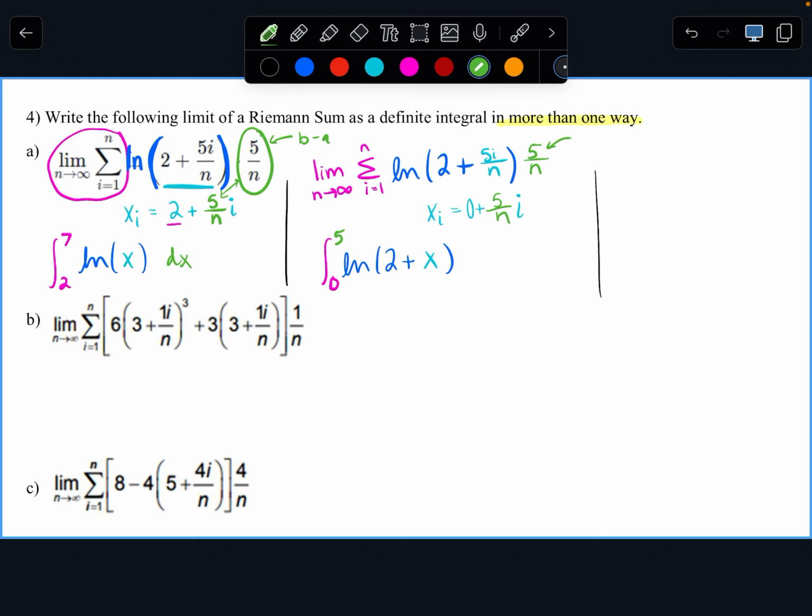So I'm changing what my x sub i is. My first x sub i was this huge chunk. Now the other one, I'm choosing the idea that 2 is part of the function, part of the equation.